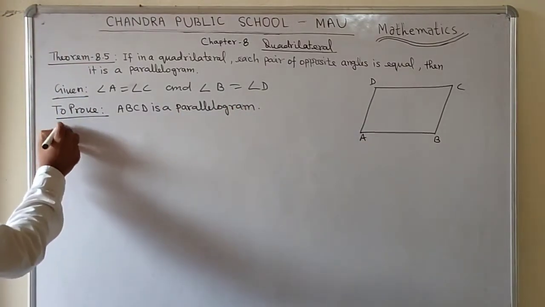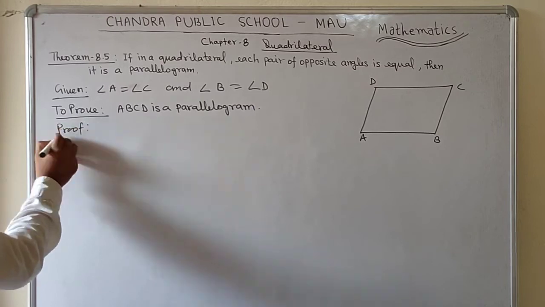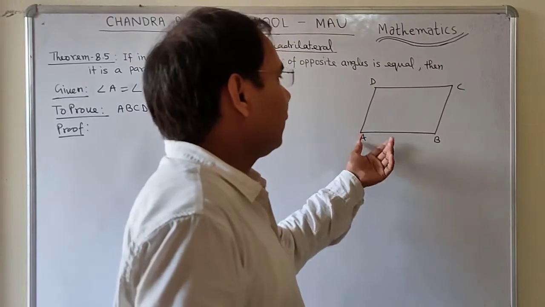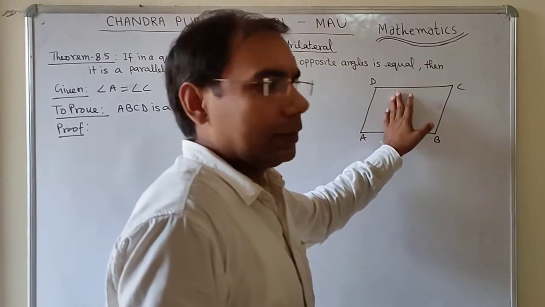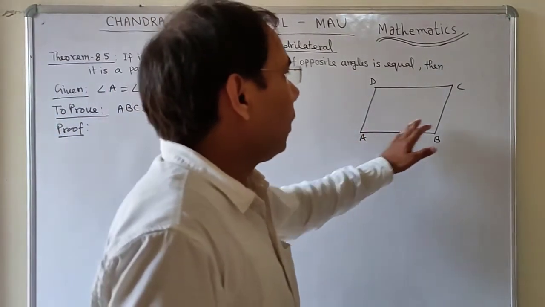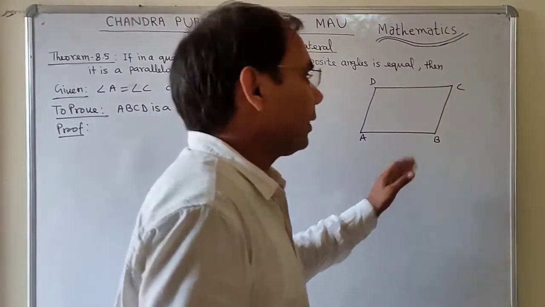Now I am going to give the proof. So students, here ABCD is a quadrilateral, that is confirmed, and by the angle sum property of the quadrilateral, the sum of all four angles will be 360 degrees.